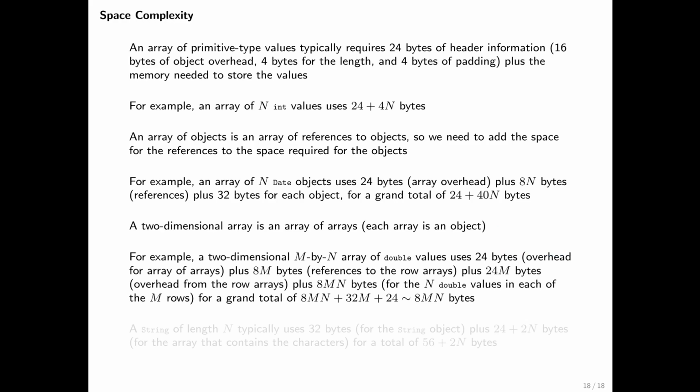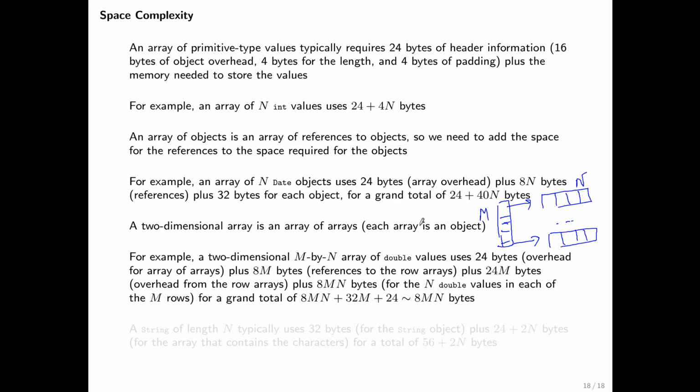Well, let's take a concrete example where the two-dimensional array is an m by n array of doubles. So let me draw this picture again. So you have a one-dimensional array with m rows, each pointing to a one-dimensional array with n columns. So what is the memory footprint of such an array where each element is a primitive double?